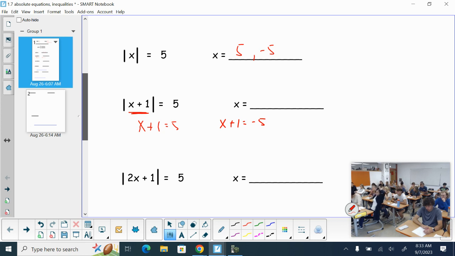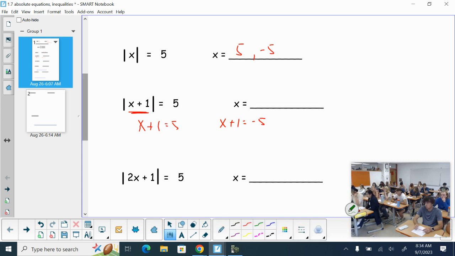If x plus 1 equals 5, take the absolute value, you get 5. If x plus 1 equals -5, take the absolute value, I still get a value of 5. What this does is give us now 2 equations to solve, which makes life a little bit easier on ourselves.